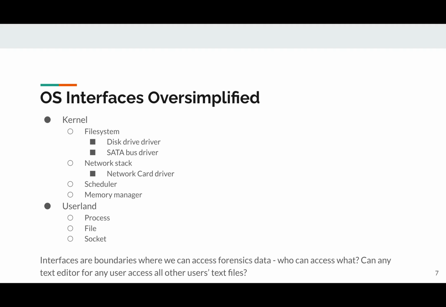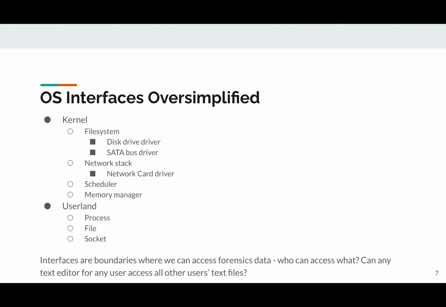The kernel is just the core of the system that is responsible for talking with certain devices like our disks, and might present a file system for us that we can write and read files in those disks. Or it might give us a way to talk with the rest of the network and interface with a network card.